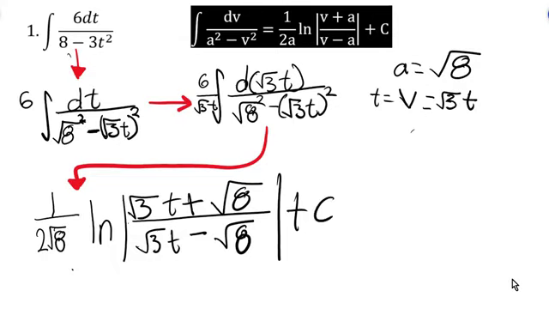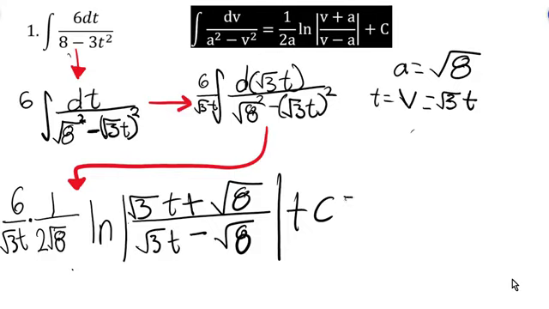And as you can see, we just need to add the 6 over the square root of 3 multiplying t, right? Because we got it over here, remember.